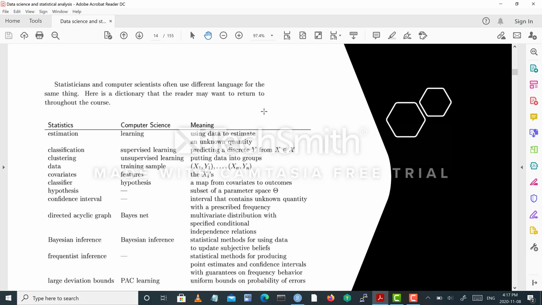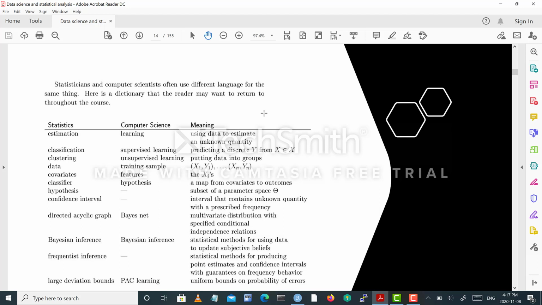The meaning is using data to estimate an unknown quantity. Likewise, classification is called supervised learning in computer science, predicting a discrete y from X belonging to a general space, putting data into groups.